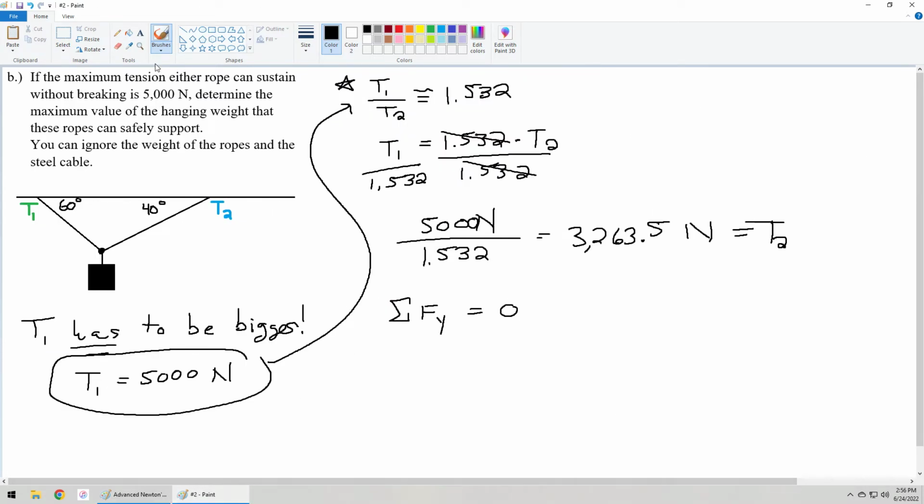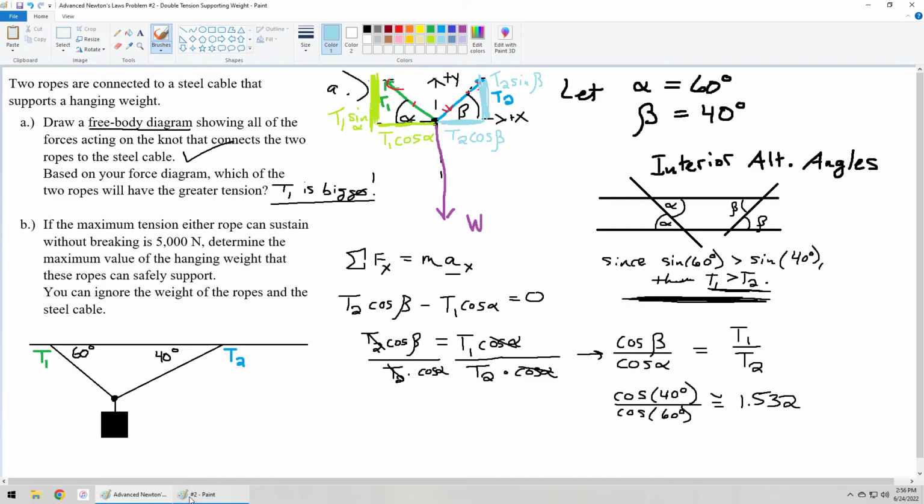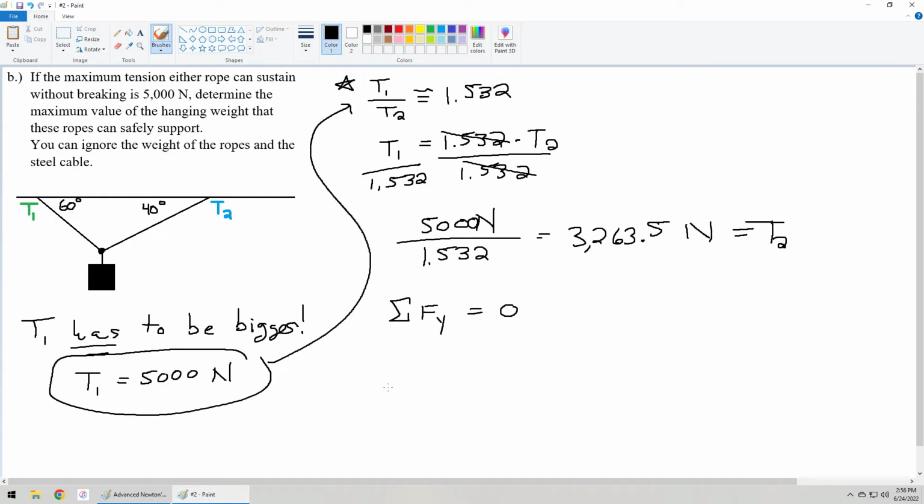So if we plug that back in, we said T1 sine alpha plus T2 sine beta minus W is equal to 0. Find the maximum value of the hanging weight that these can safely support.